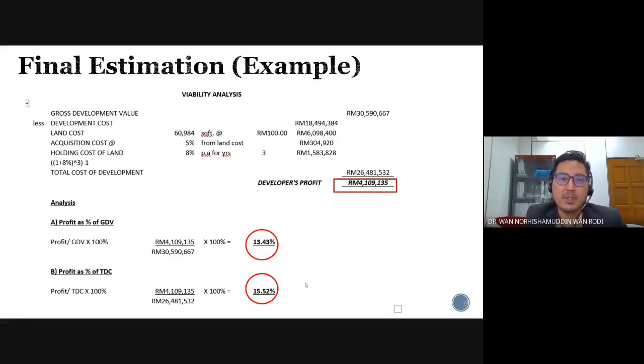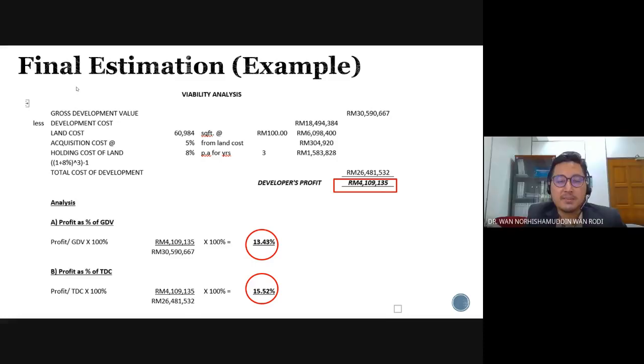So you have to take note, these are the complete calculations. Once you have identified and calculated all the GDV and the total development cost items, you then need to estimate what level of profit you can get from this project.